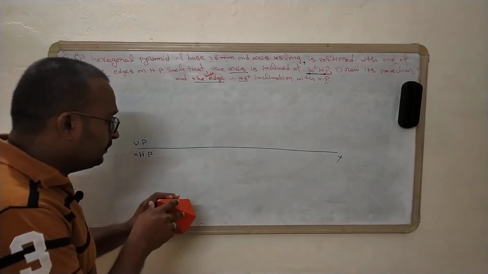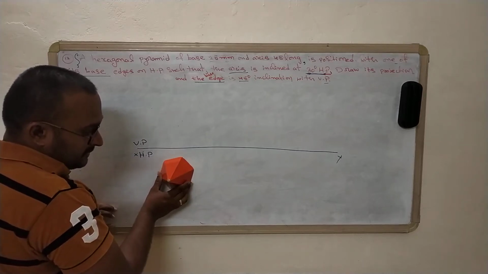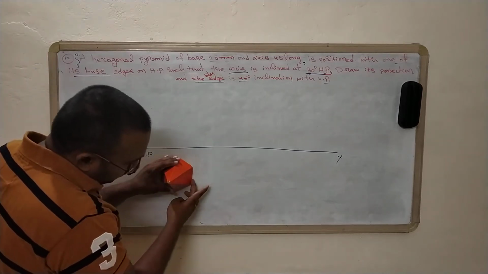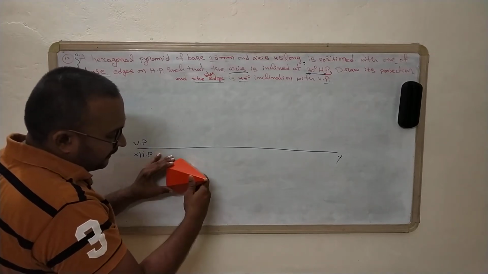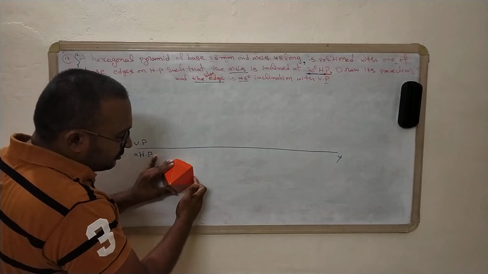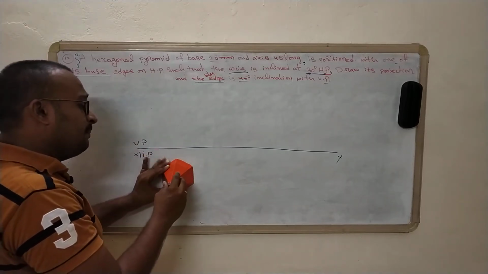So now we are going to place the simple position with a vertical edge, because one of the edges is on HP. So we must start with the vertical line, then you need to construct the hexagonal shape.